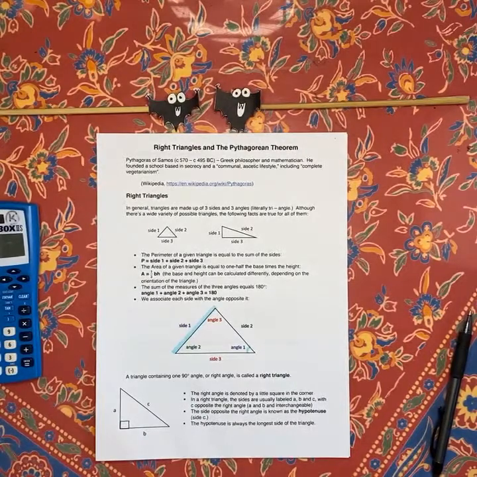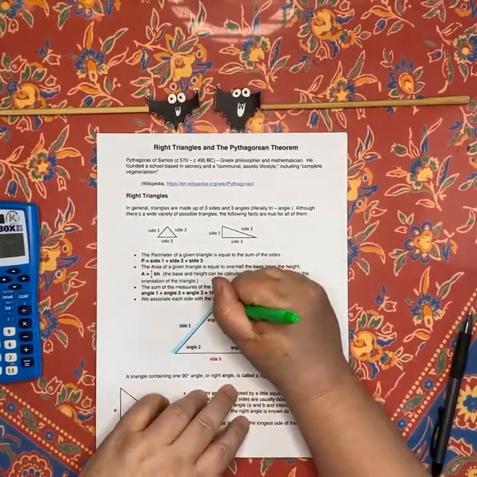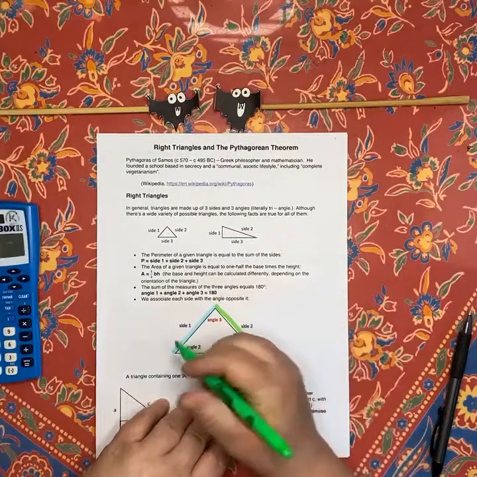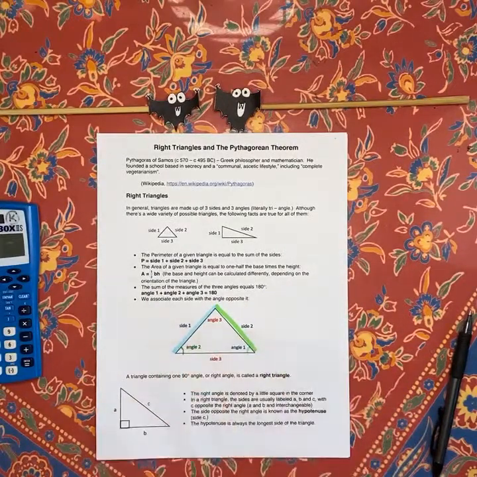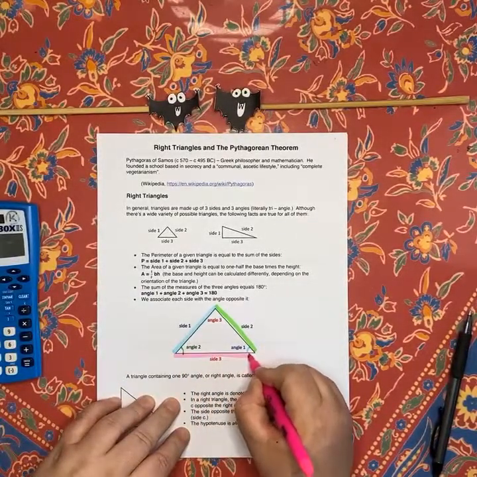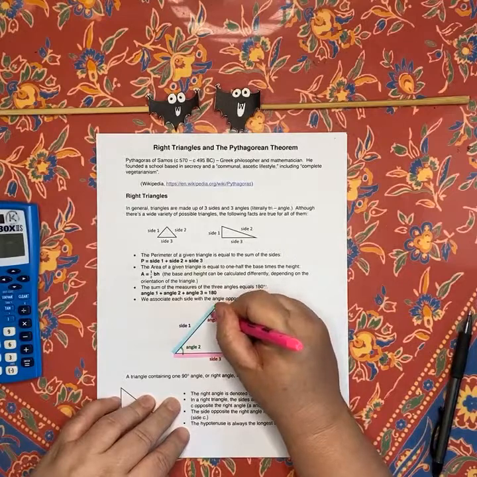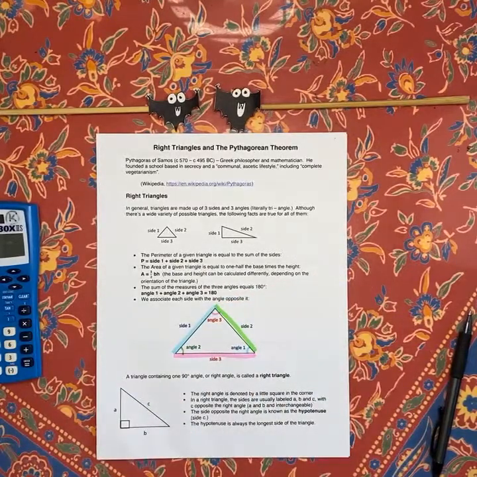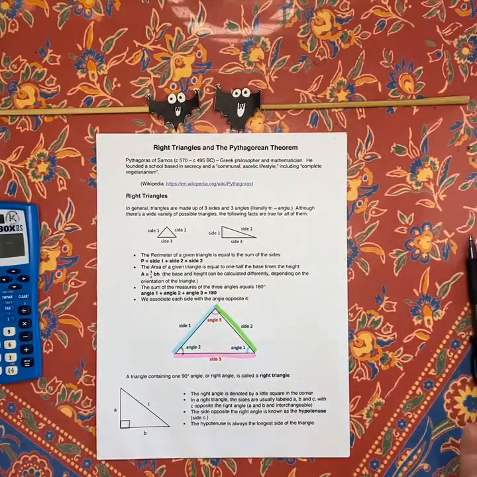See, I need a green. This side of the triangle is associated with that angle. And then this side right here, because I don't have a red highlighter, I have a pink one though, is associated with that angle. Now, if you've taken geometry, you know that I should be using different numbers of lines. What does that mean?